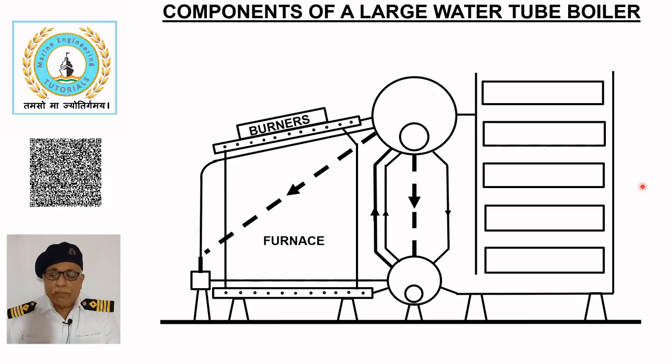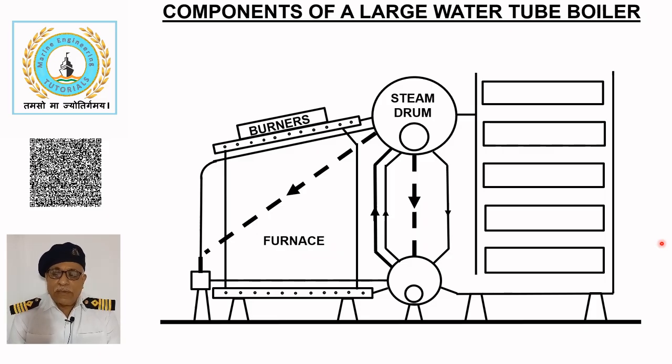Steam drum. The steam drum acts as a reservoir of relatively cool water and provides the necessary gravitational head for water circulation, except in forced circulation exhaust gas boilers used on motor ships. Water circulation in oil-fired boilers occurs naturally due to density difference caused by temperature variations.